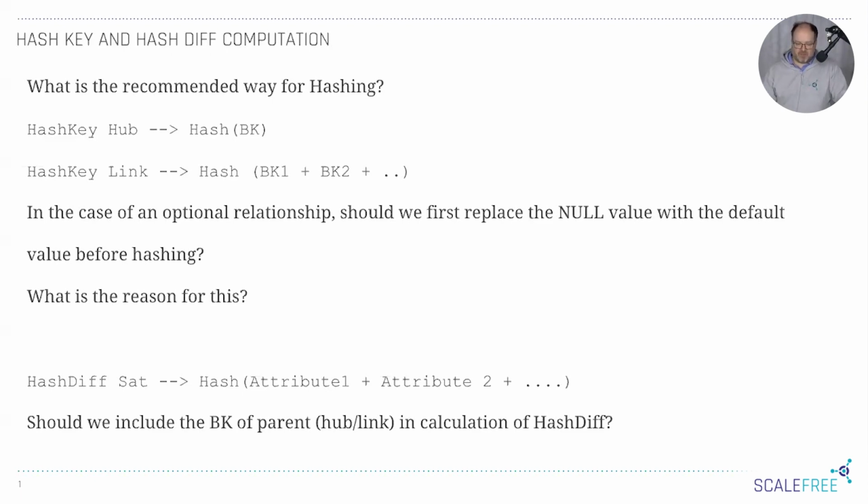Now, think about this. When we add the business key of the customer, of the parent in general terms, either of the link or of the hub, into the HashDiff computation in front of the descriptive attributes, essentially, we calculate the HashDiff based on the business keys of the parent, concatenated with the descriptive attributes from the satellite. That's what we call a unique HashDiff.